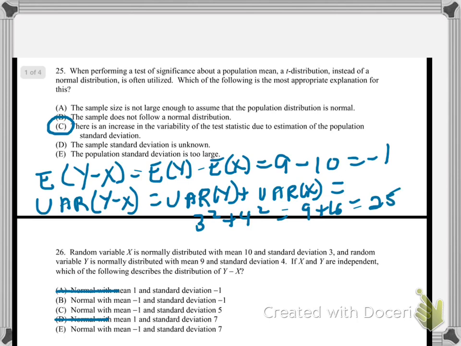So if I want to go back down to standard deviation, I got to take the square root of 25, which is 5. So which one of these is left? Okay, so it's not here because this is standard deviation of number 1. Oh, it's C. Okay? Great.